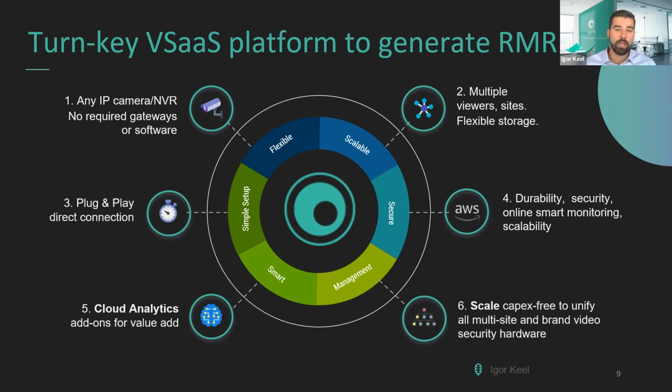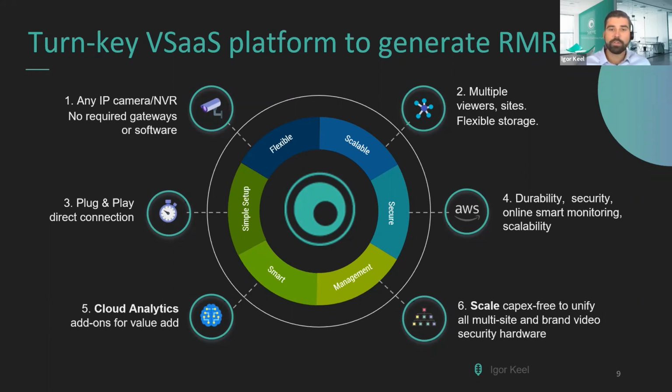Number 4, utilizing the Amazon AWS cloud, you're afforded the security and uptime guarantee of the leading cloud out there. Number 5, leverage cloud add-ons. Besides being a rich storage application, 3DI offers you a suite of add-ons.